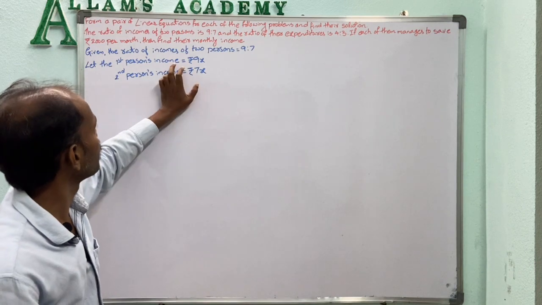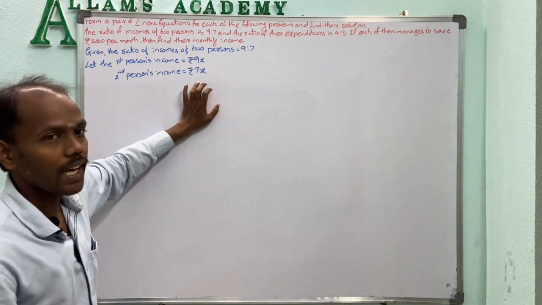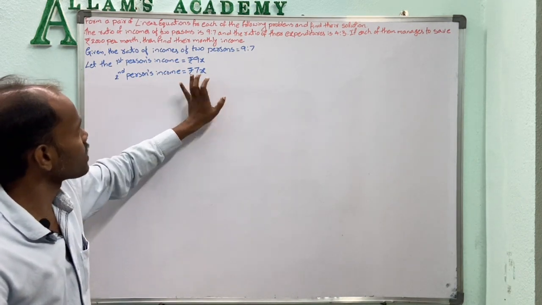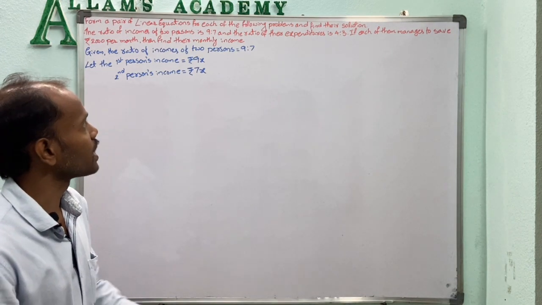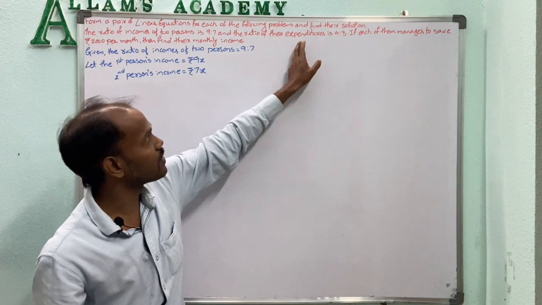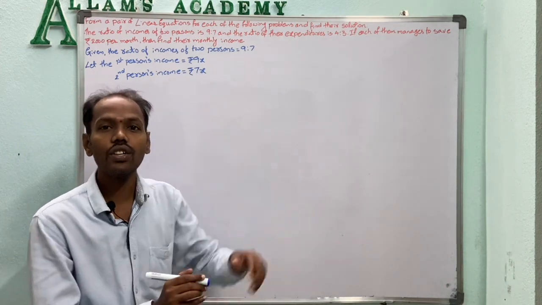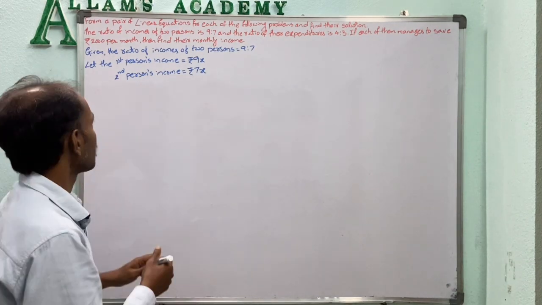So here, given the income ratio 9:7, for that purpose we take the first person's income as 9x rupees and the second person's income as 7x rupees. The second piece of information: the ratio of their expenditures is 4:3.